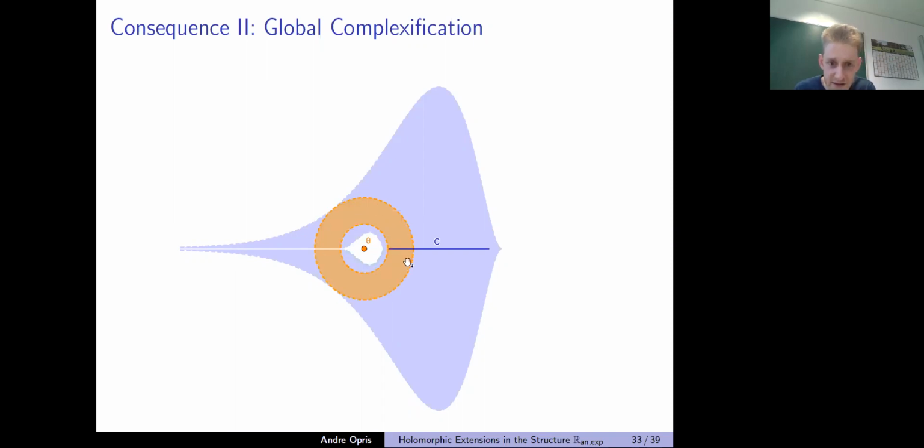So I plug in an annulus in order to enable this integration, and then there is also a result on integration to fill in these gaps. Important is that doing integration in the R_an(exp) case is much more complicated than in the R_an case. And then the same idea: glue the single holomorphic extensions of the single cells together, and then do induction on the number of variables.